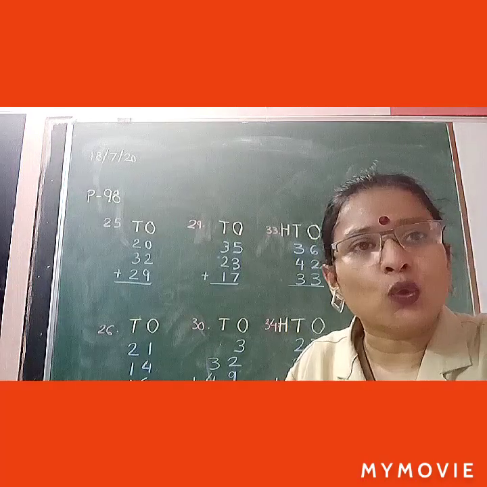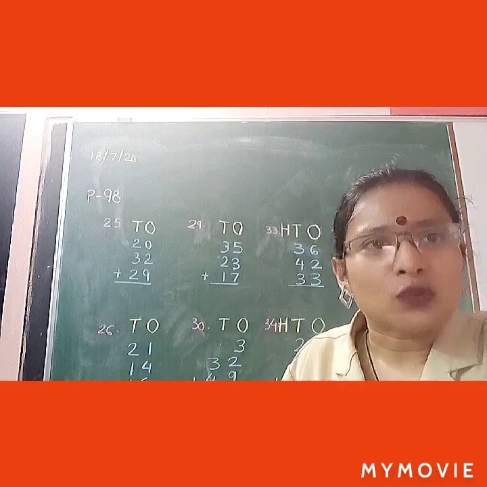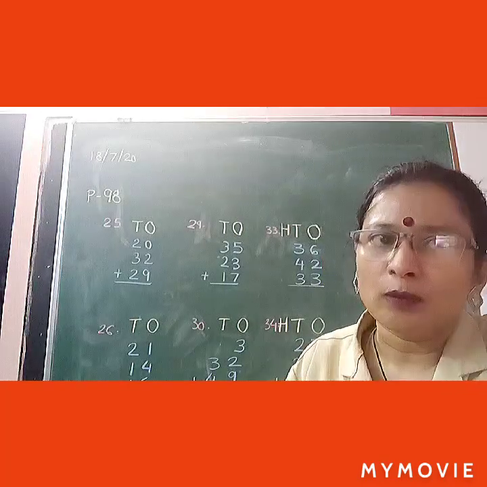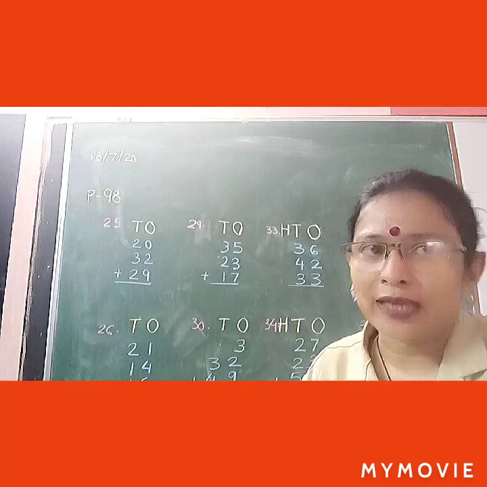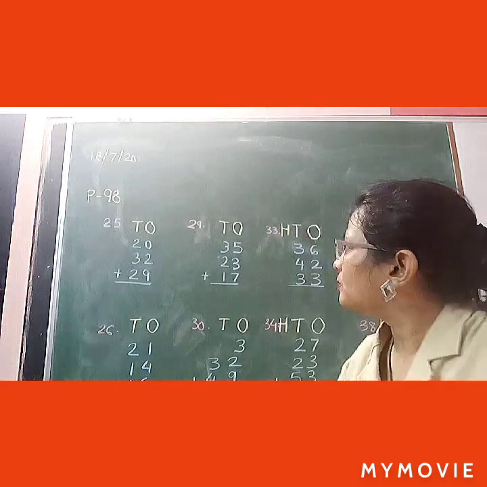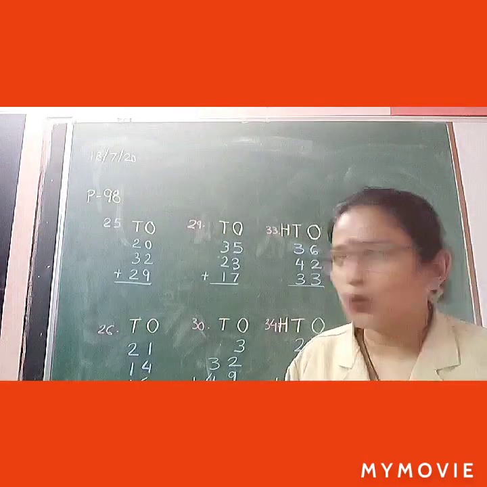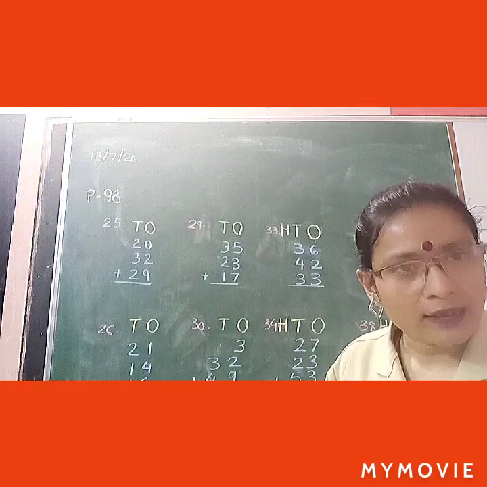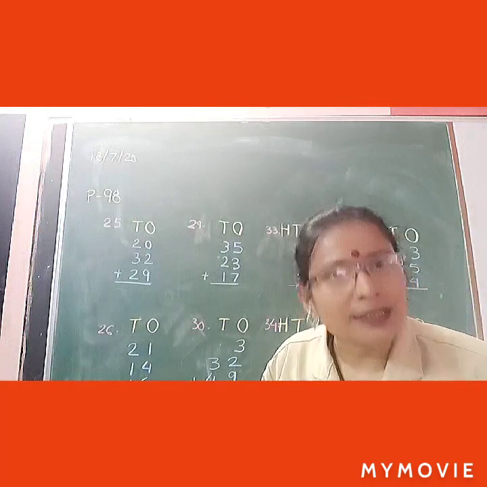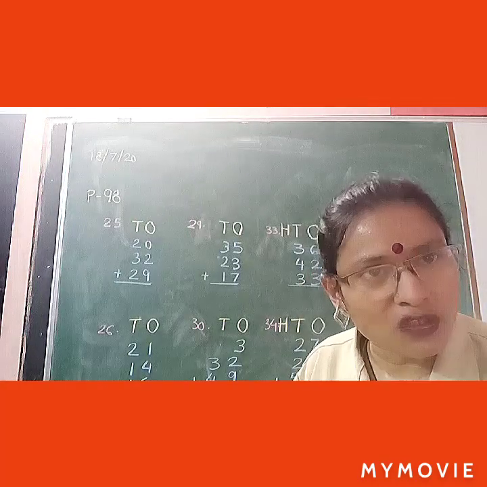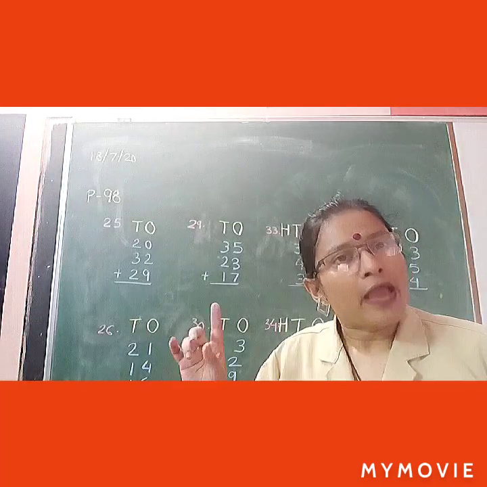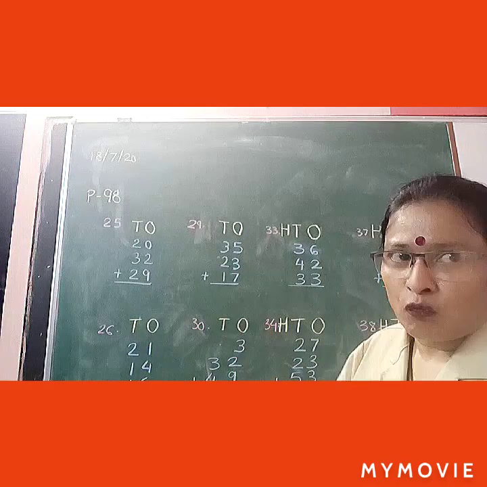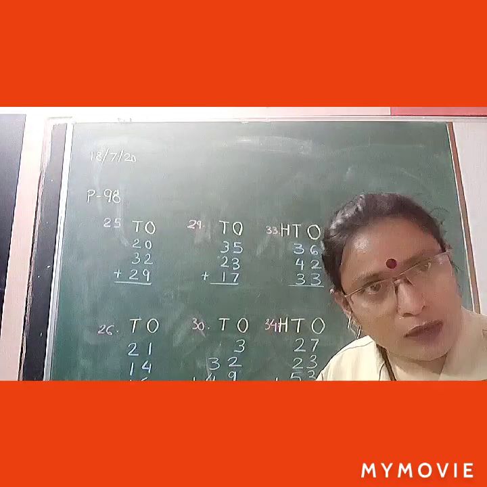In first two rows you will get those sums in your book. Let us read the first sum and do it together. 20 plus 32 plus 29. The method of addition will not change. We will do addition as what we were doing earlier also.